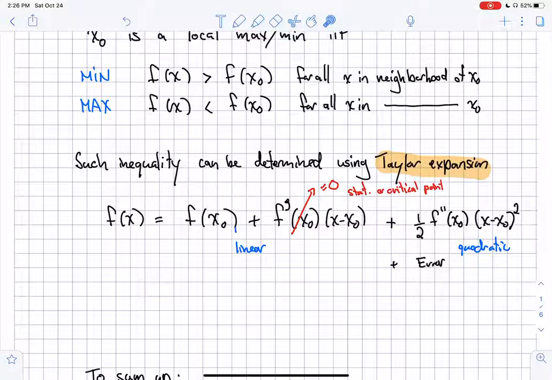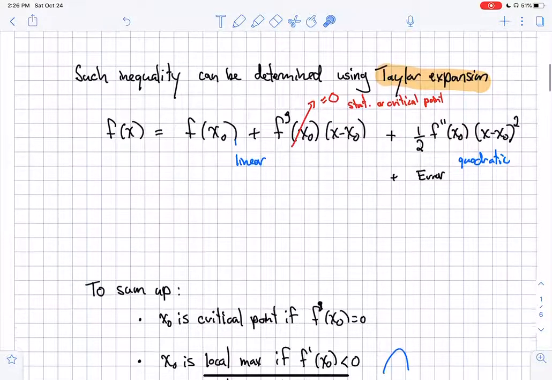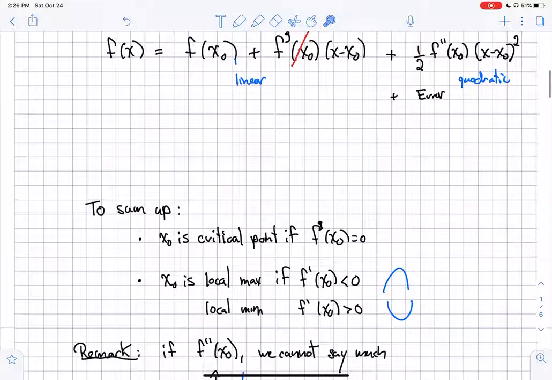The second one is given by the quadratic term. Now it's good because x minus x0 is squared, so no matter if I'm left or right, it will always be positive. So everything boils down to the sign of the second derivative. And this is the test for local min, local max that you know.